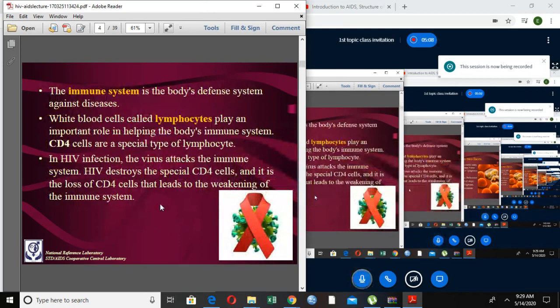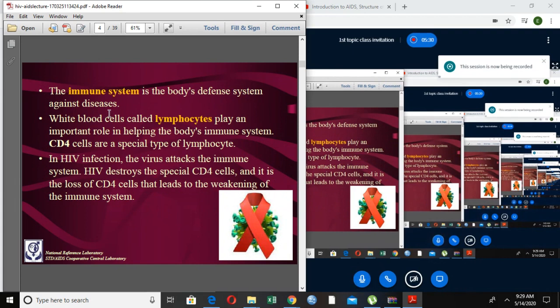Then the immune system is the body defense system against diseases. I think I've already said that. This immune system is composed of white blood cells. If you can remember high school biology, the work of the white blood cells was to prevent the body from getting infections.